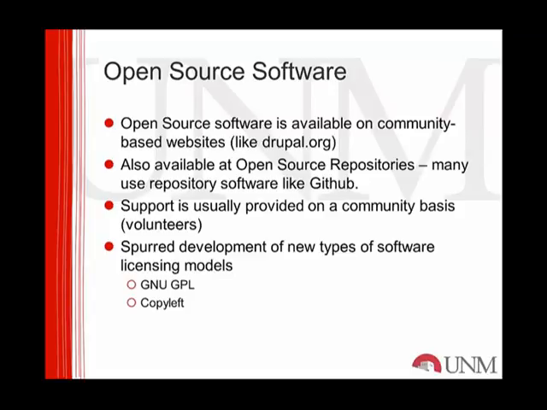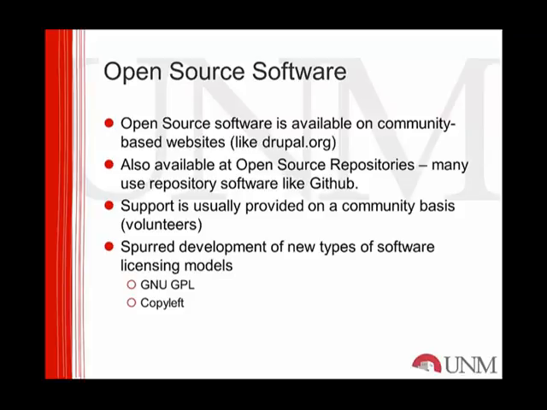The open source software movement has kind of moved alongside the open access and copyright-free licensing movements. So you'll see the GNU General Public License, or GPL, as the term that a lot of open source software is offered under.